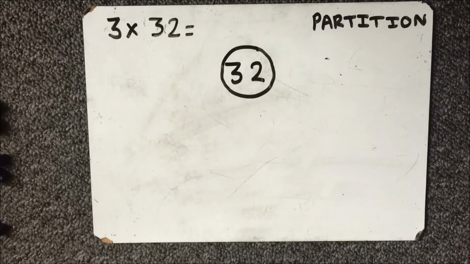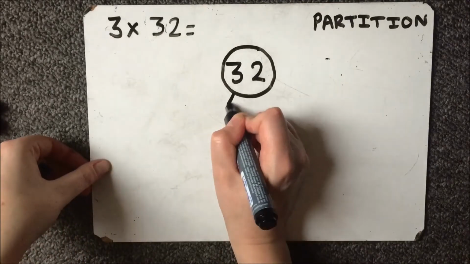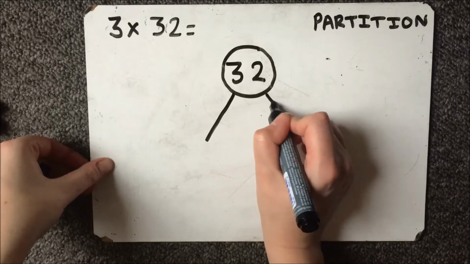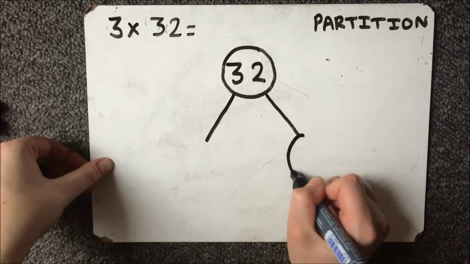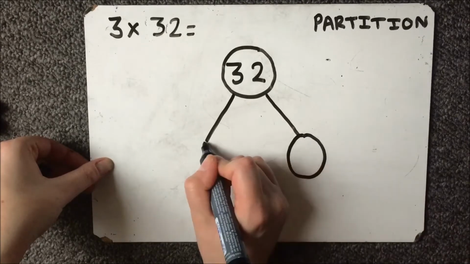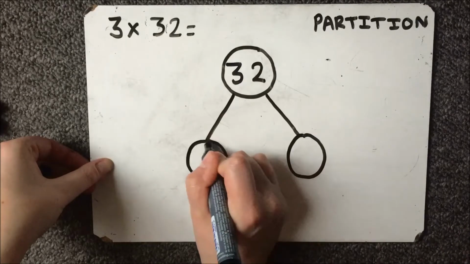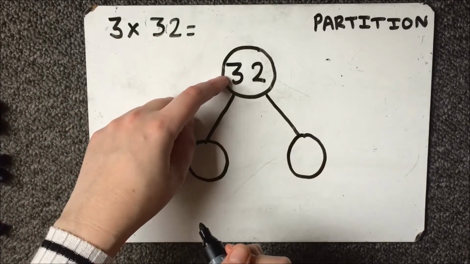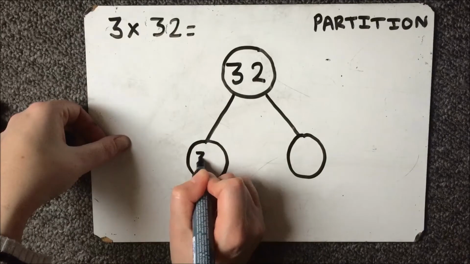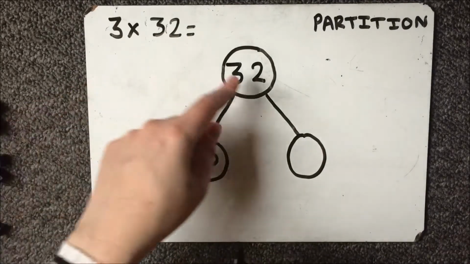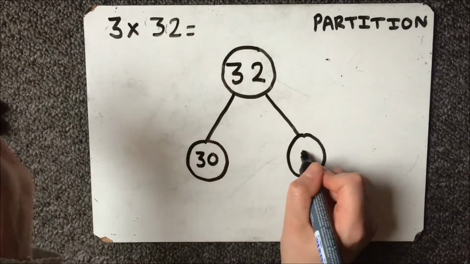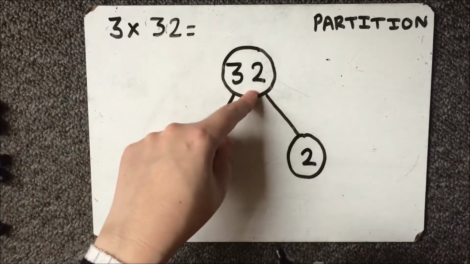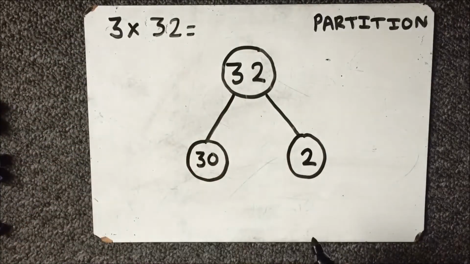How would we partition it? Because it's got 2 digits, I only need 2 bubbles here. So the 3 here means 3 tens, so it means 30. And the 2 here means 2 ones, so I just put 2. 32 is the same as 30, add 2.